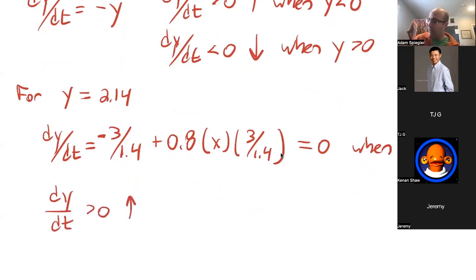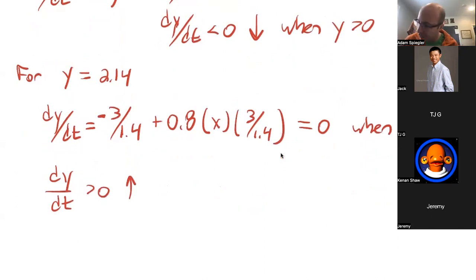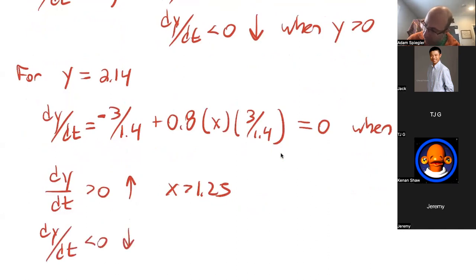Checking values of x, when x is bigger than 1.25, dy/dt is positive, and dy/dt is negative, giving downward pointing arrows, when x is less than 1.25.